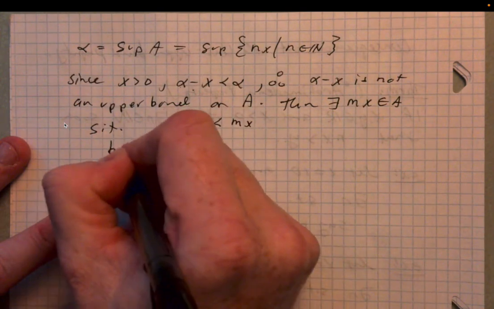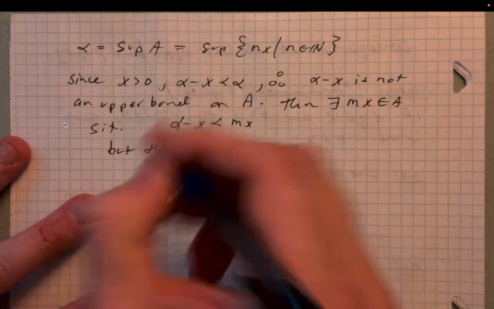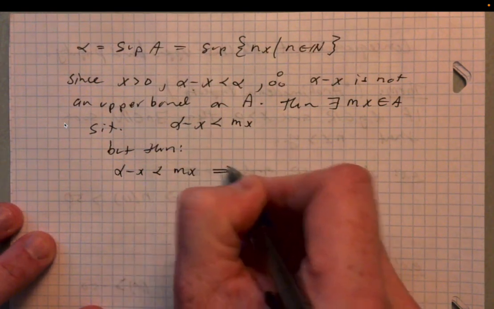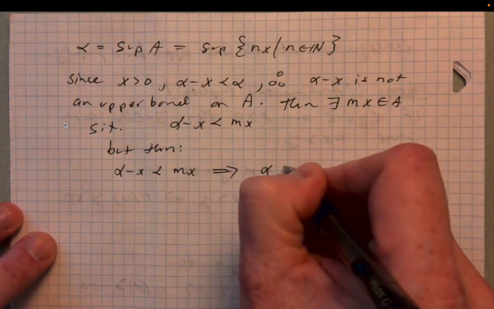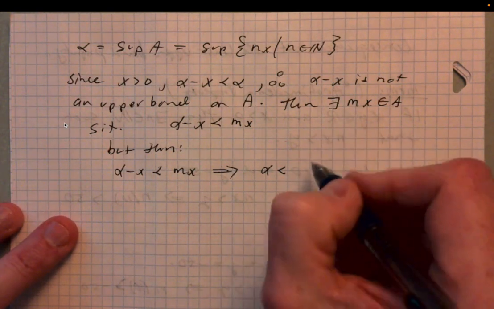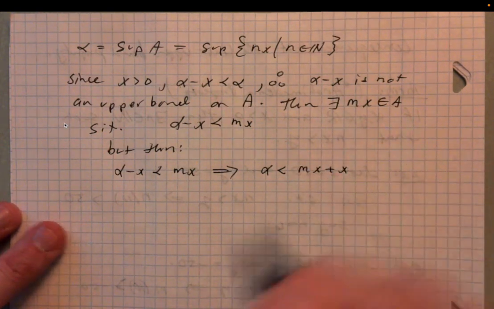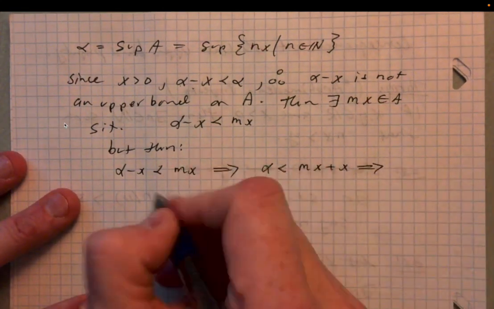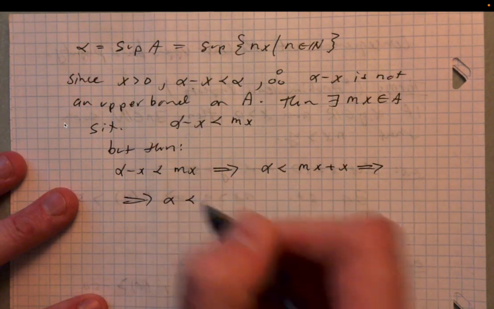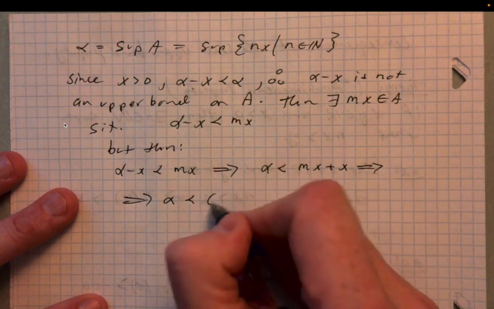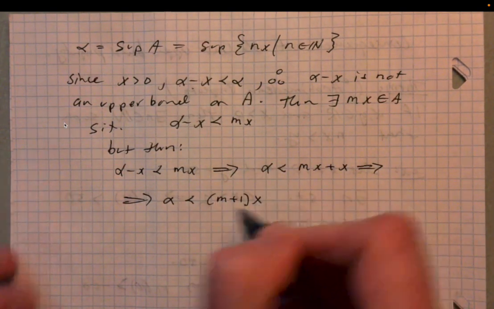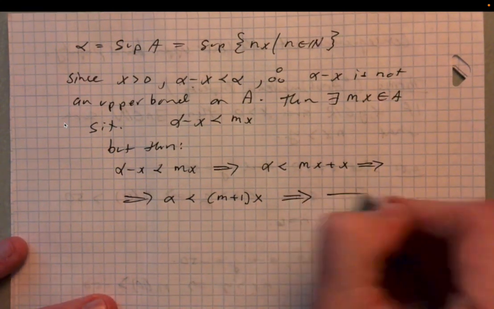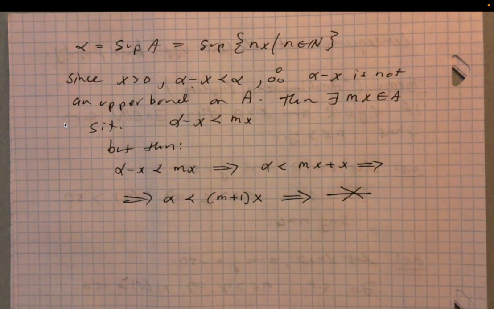But then, notice, alpha minus x less than mx implies that alpha is less than mx plus x. And so that implies that alpha is less than m plus 1 times x. And here we have a problem. We have a contradiction.